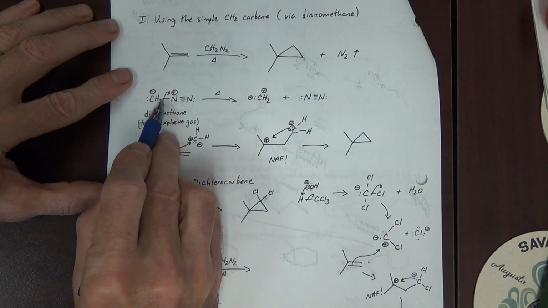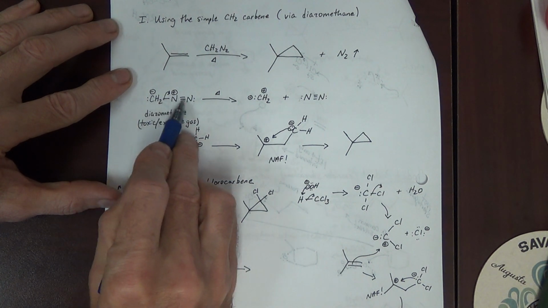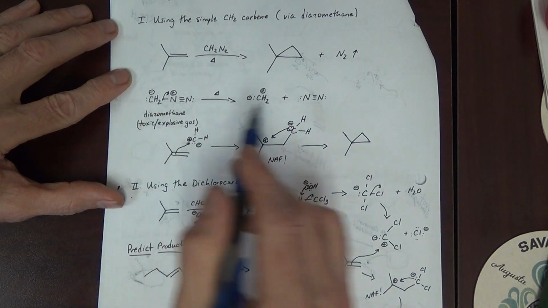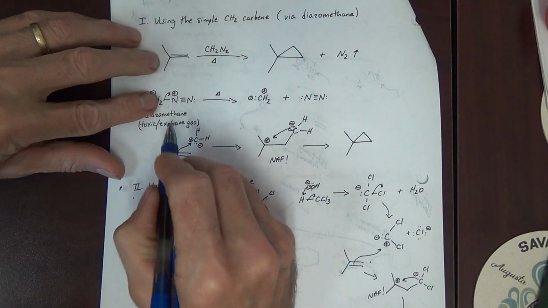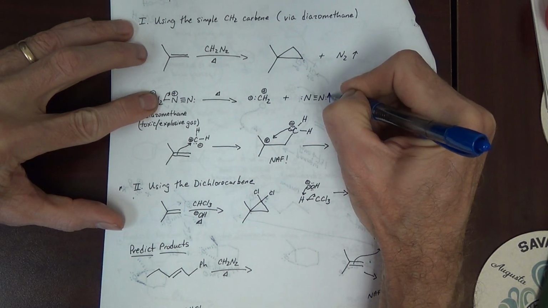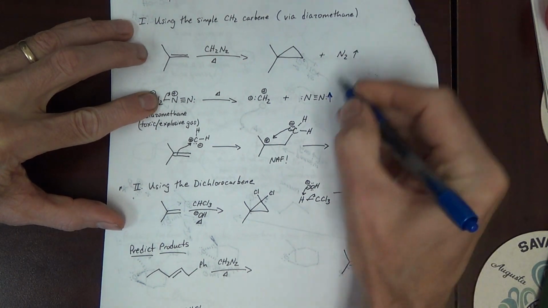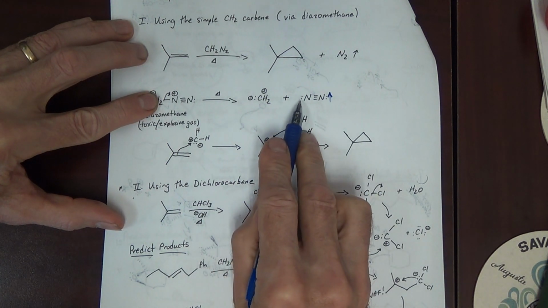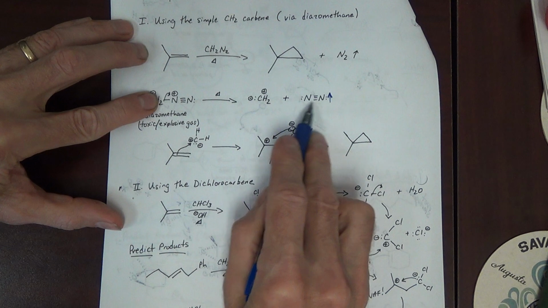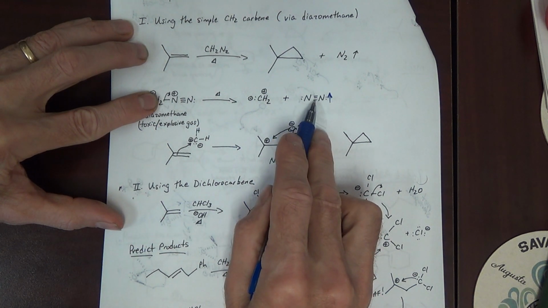This is sort of just a leaving group leaving. That leads to, first off, nitrogen gas, N2, up arrow indicating gas. This is a Lewis structure. And so when it leaves, the nitrogen gets back the lone pair, and it becomes a very stable N2 molecule.